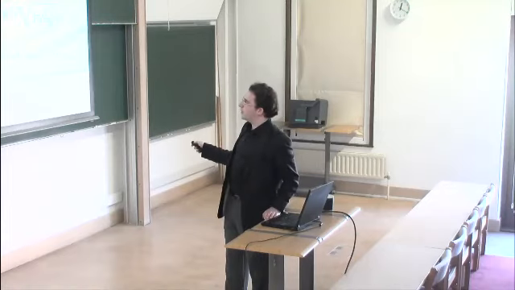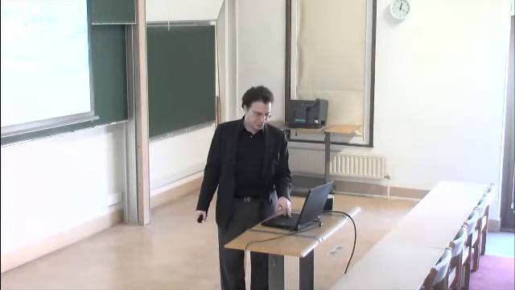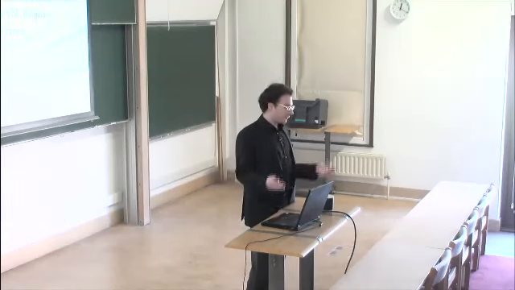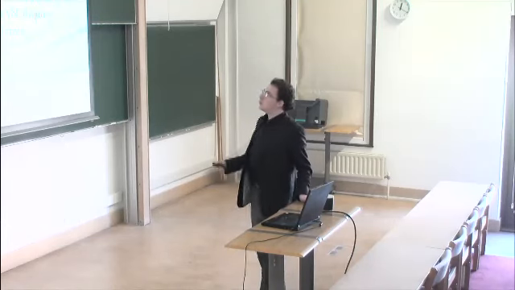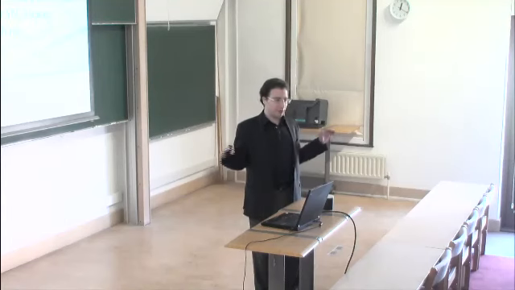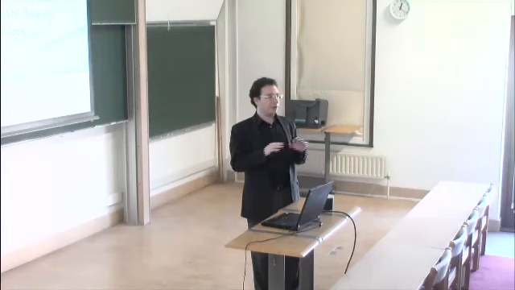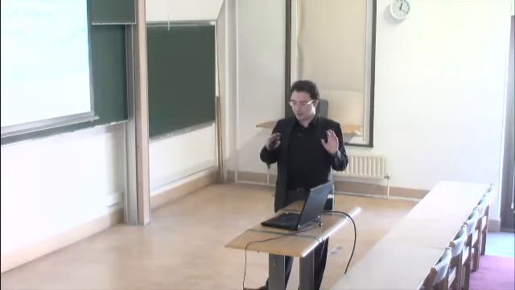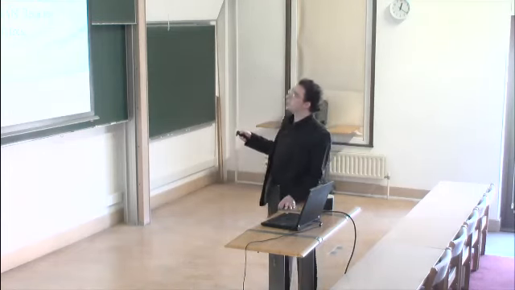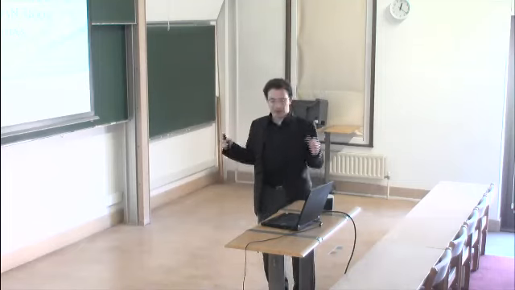Okay, so this is the gravity calculation, and can you match it in the field theory? So you end up in the large N limit with some kind of matrix model, and you want to look at the matrix model not in the 't Hooft limit. If you take matrix models in the 't Hooft limit, the eigenvalues always form a density, as long as the potential is some fairly ordinary kind of function, and the clump has size of order 1.